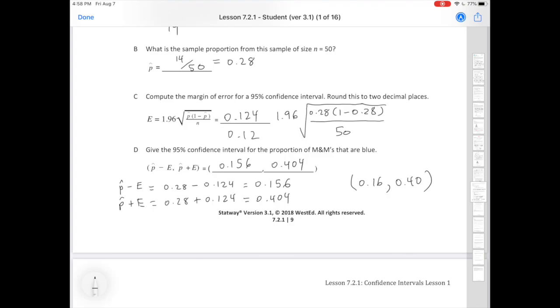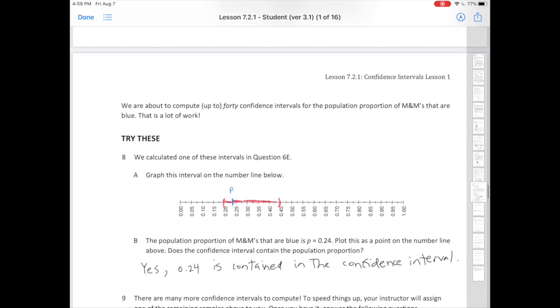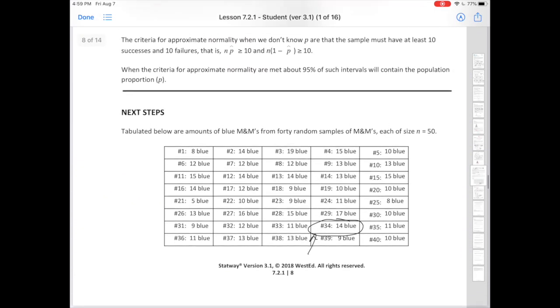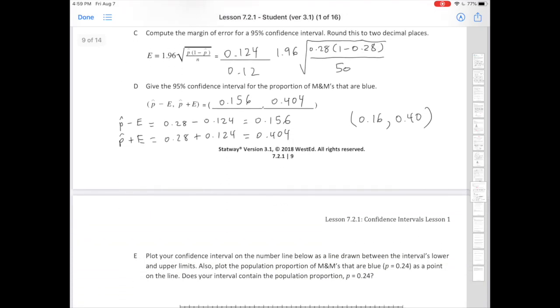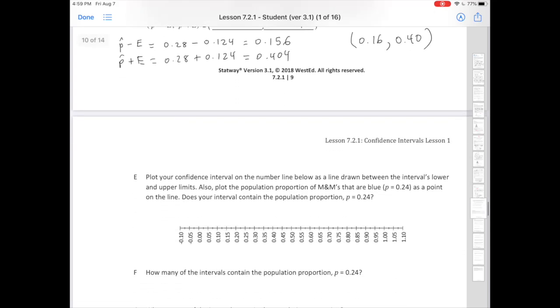Again, because the 5 rounds up when there's a 6 afterwards, and the 0 rounds down or stays as a 0 when there's a 4 afterwards, right? So this is the confidence interval that we got for sample. Remember, I chose sample number 34. If you do this with different samples, every sample is going to give you a different confidence interval.